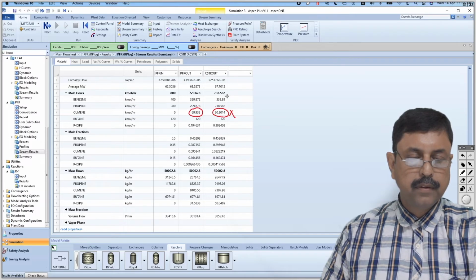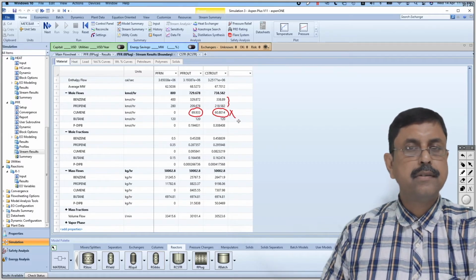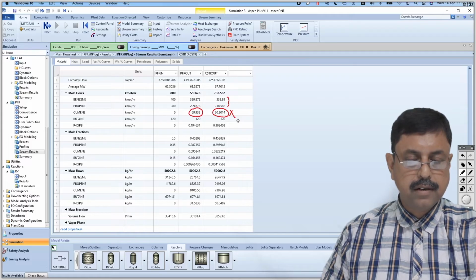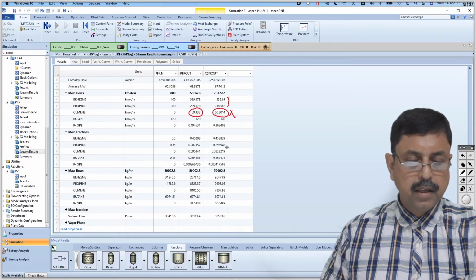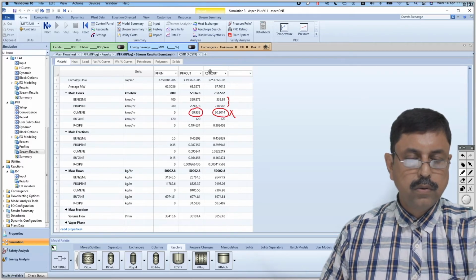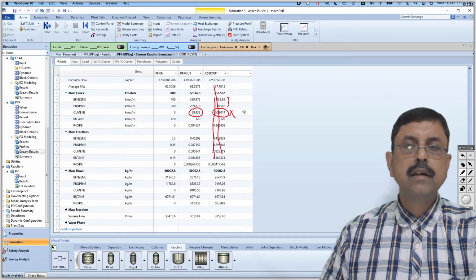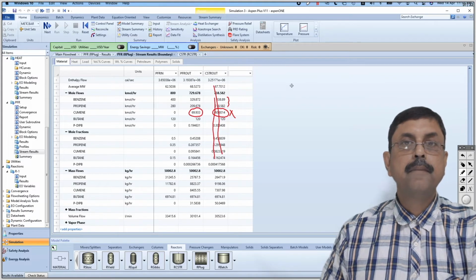So the amount of benzene unreacted and propene unreacted is naturally higher in CSTR. So in short, we will not use the CSTR.